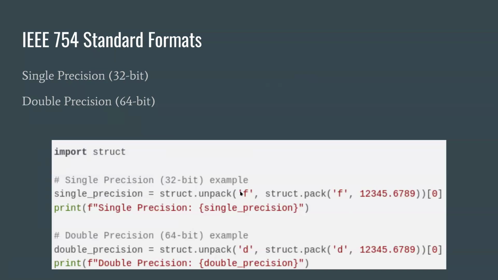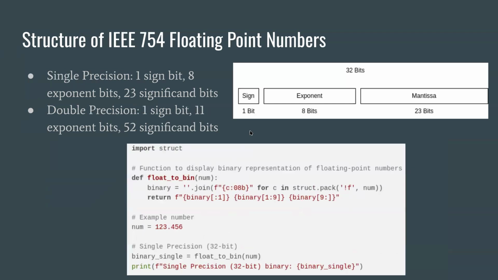We can see that struct pack and struct unpack are used to convert the floating point number into its single and double precision binary formats and back to floating point values.